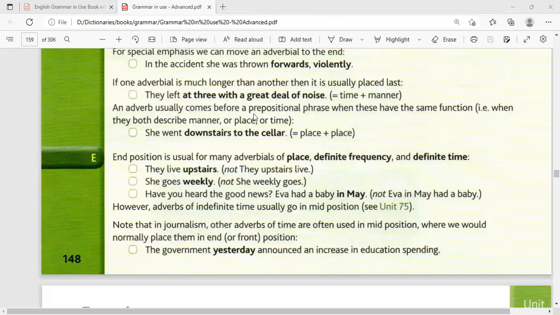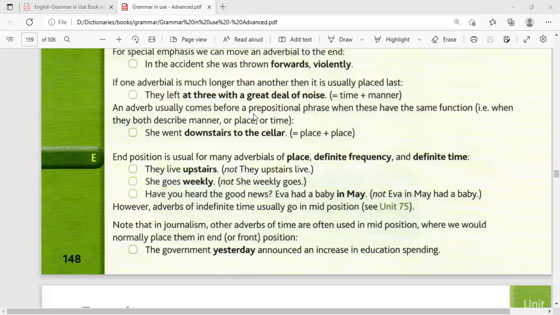So the first one is at 3, and the second adverbial is with a great deal of noise. At 3, it's a time adverb, and with a great deal of noise, it's a manner adverb.